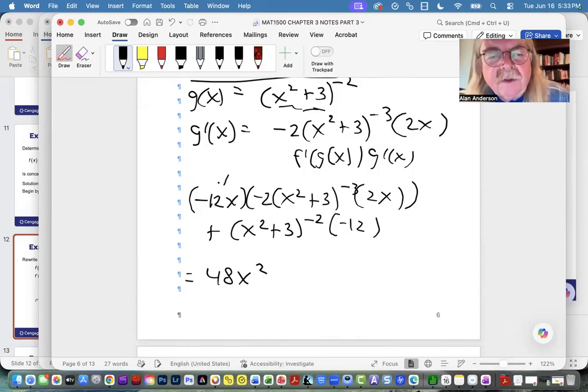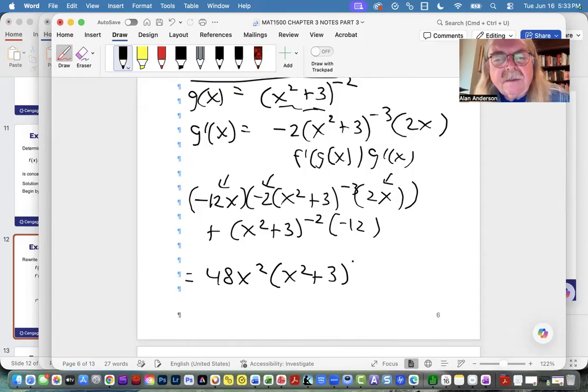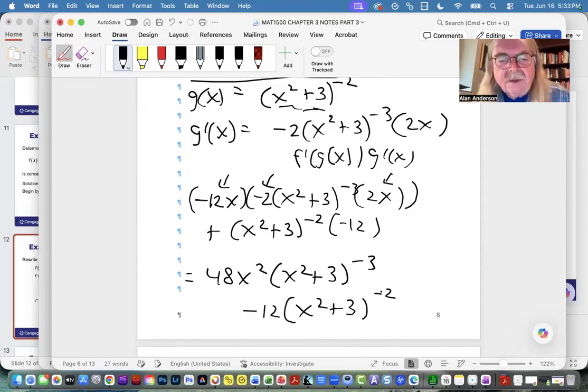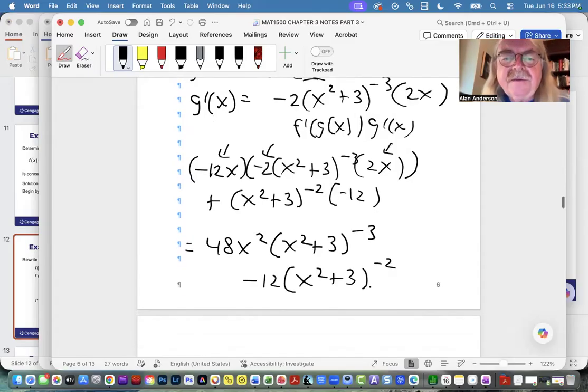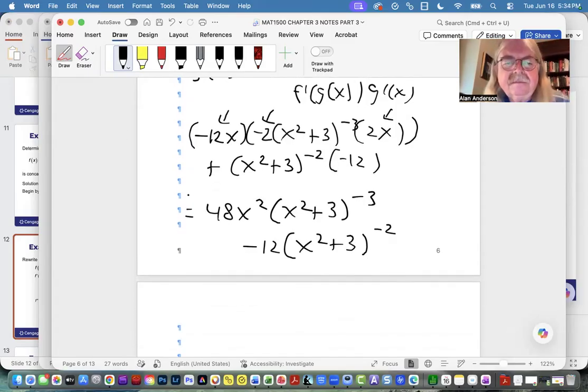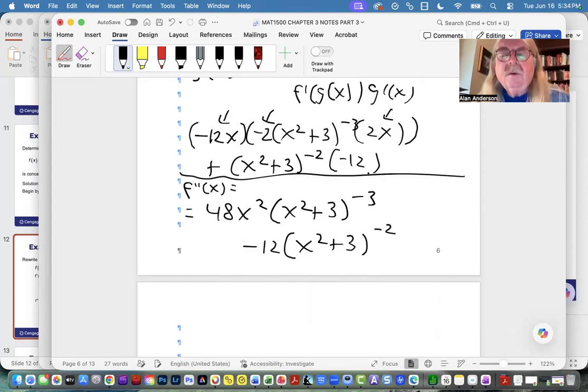And again, that comes from multiplying this and this. And then that leaves here x squared plus 3 to the minus third power. And then down here we have minus 12 x squared plus 3 to the minus 2. That's the second derivative. So we need, oh my God, look at this mess.